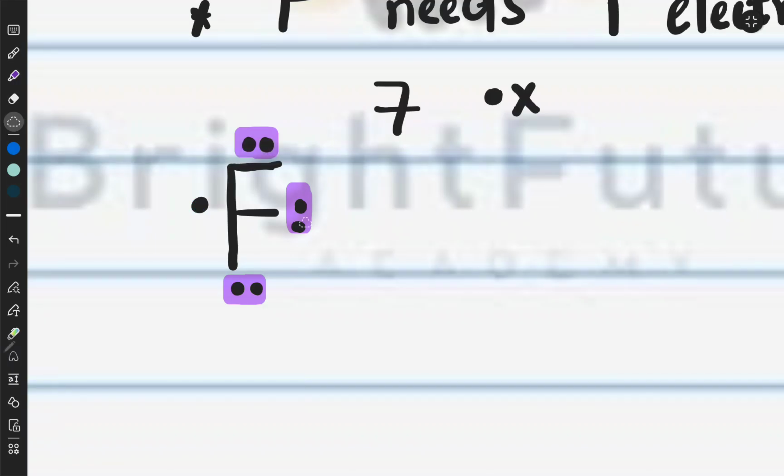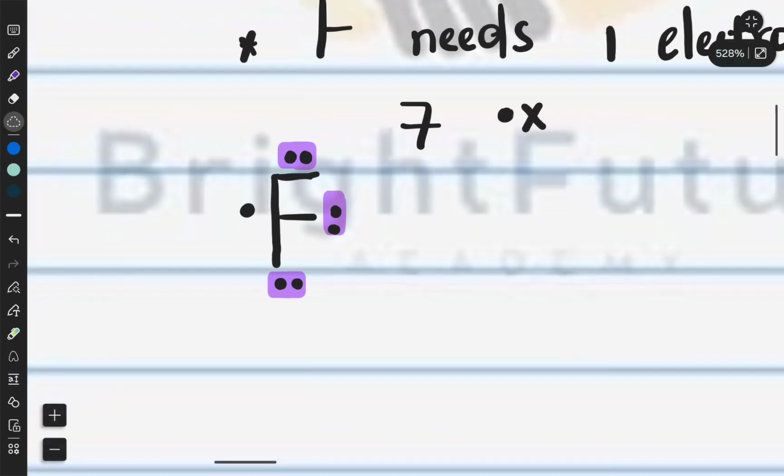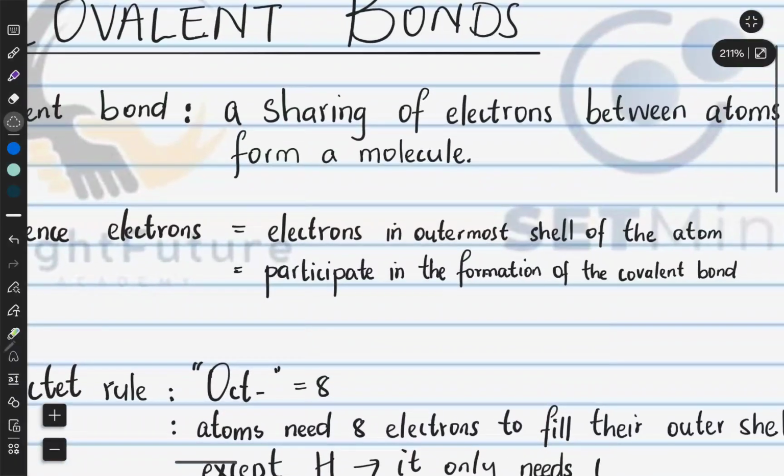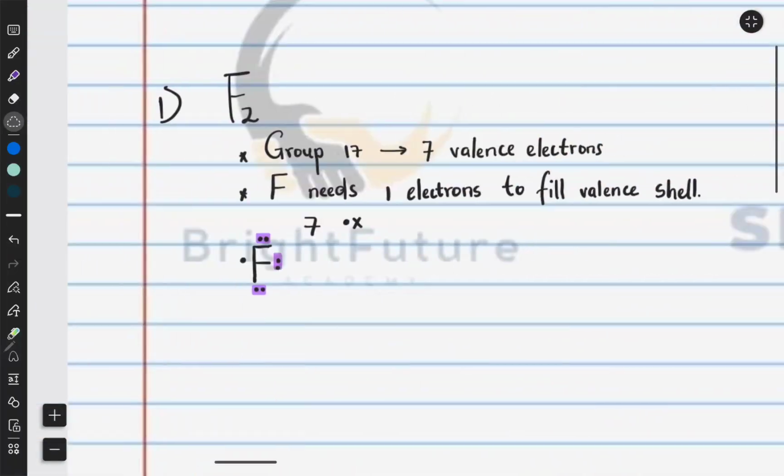The other ones are already in pairs, so they are fine. They won't participate in this covalent bonding that's happening here. This is the exception I was talking about when I said valence electrons participate in the formation of a covalent bond, but there's an exception.